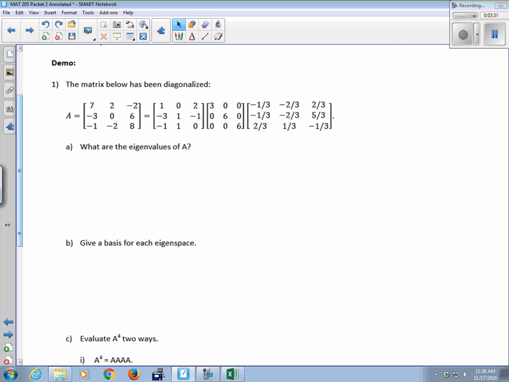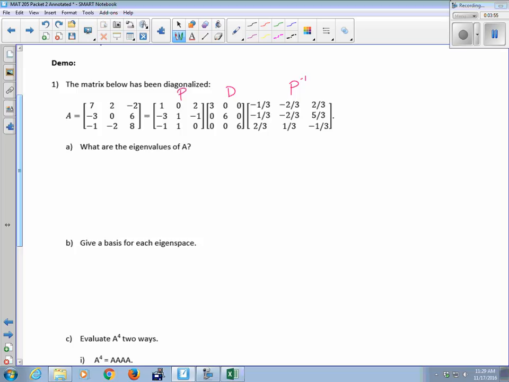So I've already diagonalized this matrix A, right? So that means this is P, this is D, and this is P inverse. So what are the eigenvalues of A? 6 and 3. Yeah, because the diagonal matrix is made up of the eigenvalues.